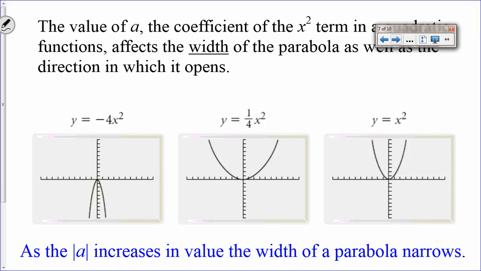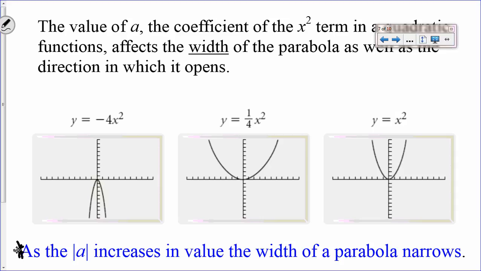Now we'll briefly talk about how A, as well as having an effect on parabolas opening upward or downward, whether it's positive or negative, also has an effect on the shape. The absolute value of A affects the width of a parabola. As the absolute value of A increases, the width of a parabola narrows. So the bigger the absolute value of A, the more narrow our parabola gets.